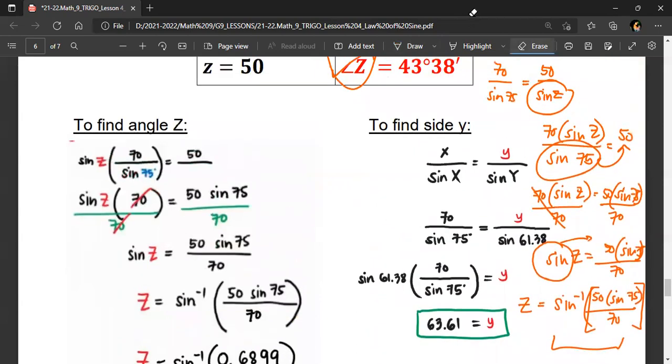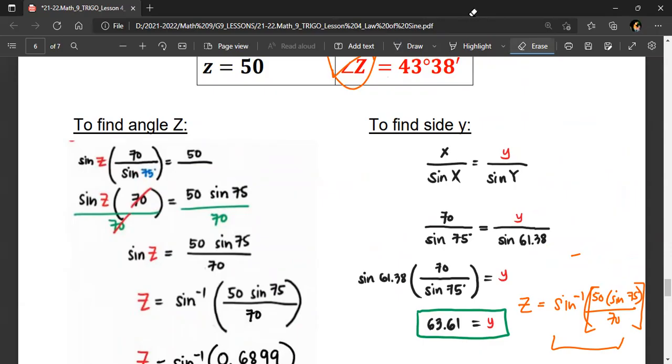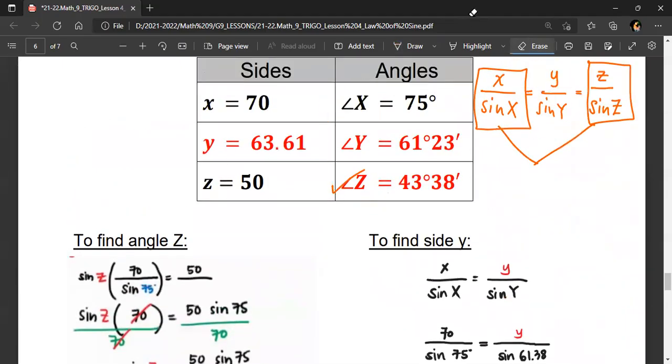This time, we'll now compute the side Y. To compute the side Y, we have a relationship again. If you notice in our givens, we have X, Y, and Z. We also have angle X, angle Y, and angle Z. We are done computing the angle Z. We will now be focusing on side Y, since it is missing.